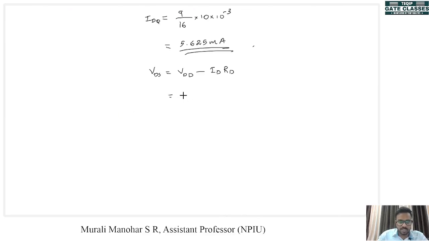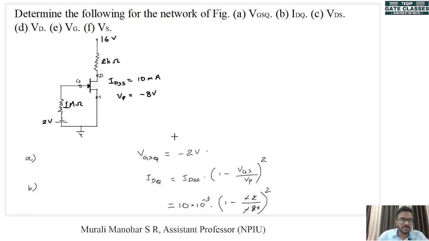So VDS will be equal to 16 minus ID, which is 5.625 into 10 to the power minus 3, and RD is 2 into 10 to the power 3. Now this will give us 4.75 volts. Now this is VDS. Now the next thing is VD.